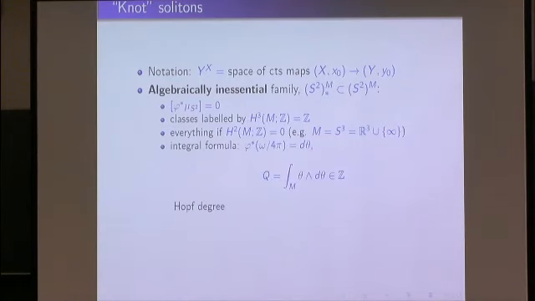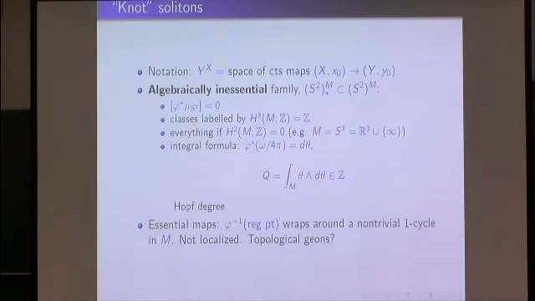In this case, if you're dealing with the algebraically inessential family, the homotopy class is labelled by an integer, and there is a nice integral formula that you can write down. Since the pullback of, say, the normalized area form is cohomologically trivial, you can write it as the exterior derivative of a 1-form, and then you can compute this. Okay, so that's the usual way of writing down the Hopf degree.